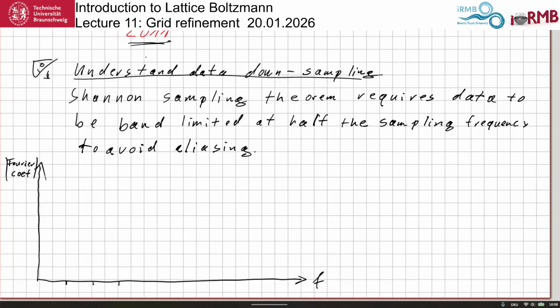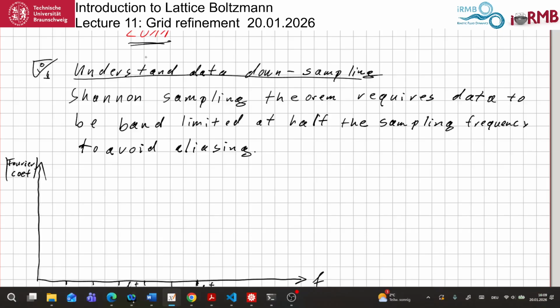Say this here is the sampling frequency for our fine grid. Then this here is half the sampling frequency.